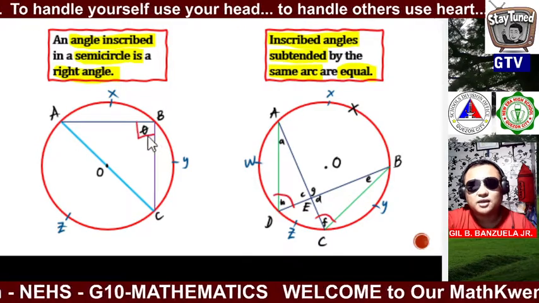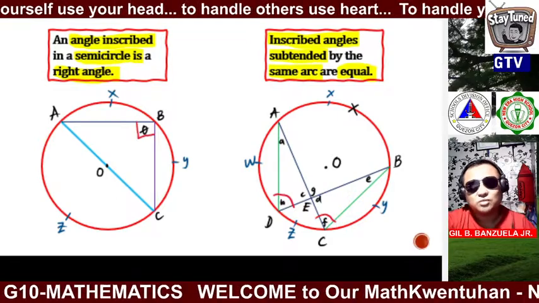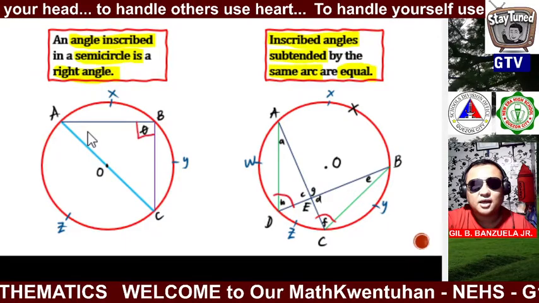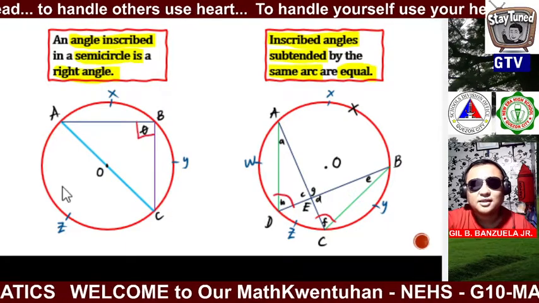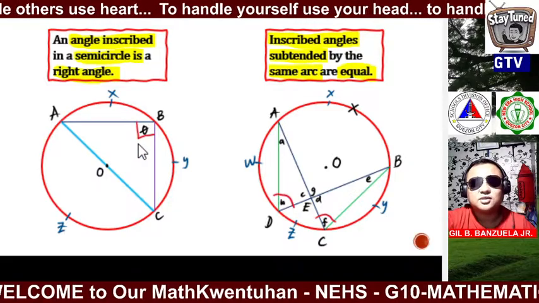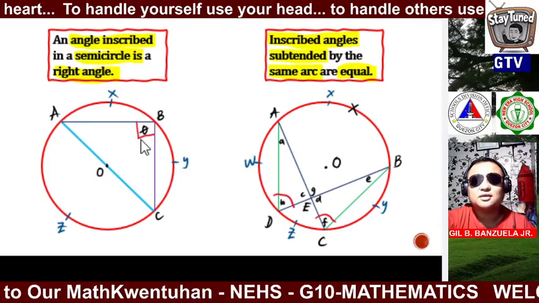So, therefore, angle theta here is equal to 90 degrees. Take note natin yan. Kapag inscribed angle natin na intercept ang kalahati ng circle or semicircle, that angle is a right angle or measures 90 degrees.